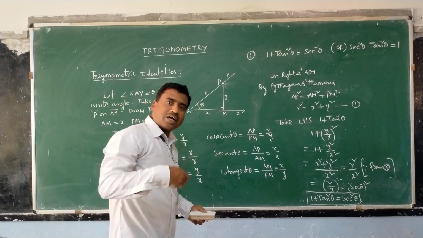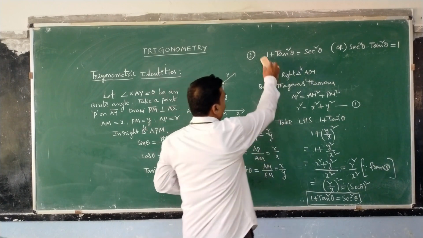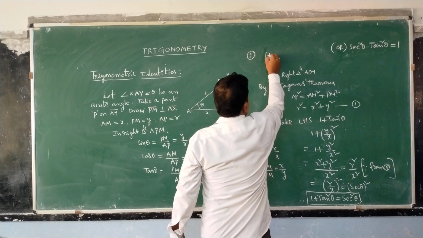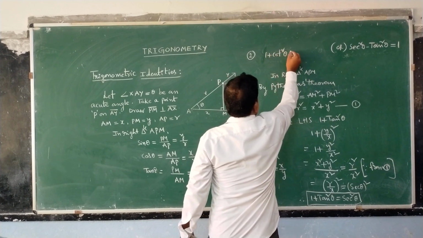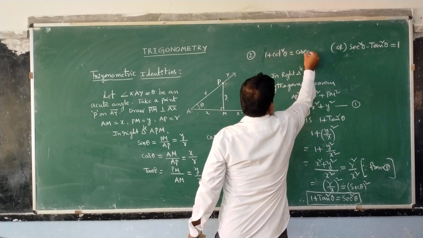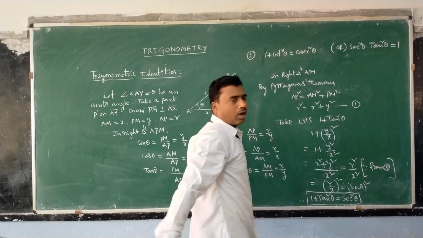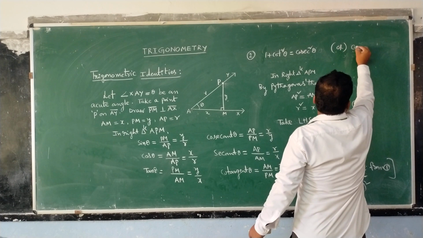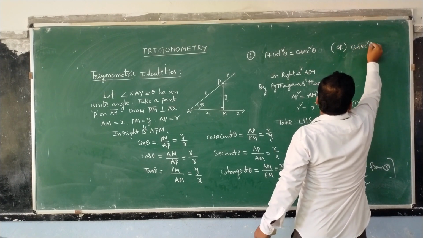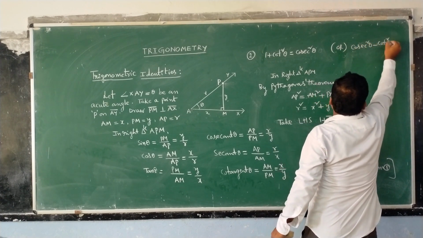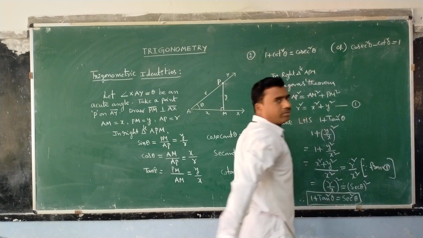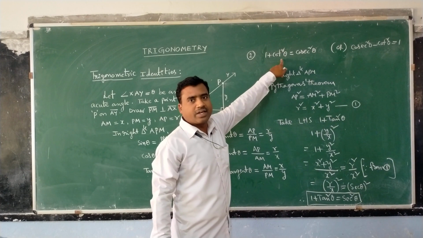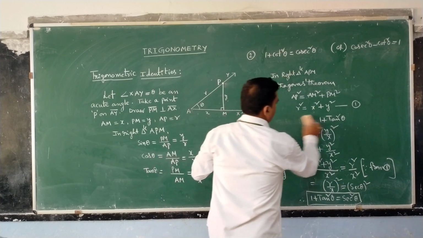So students, the third identity is 1 plus cot square theta is equal to cosecant square theta, or cosecant square theta minus cot square theta is equal to 1. So let us discuss the proof of 1 plus cot square theta is equal to cosecant square theta.